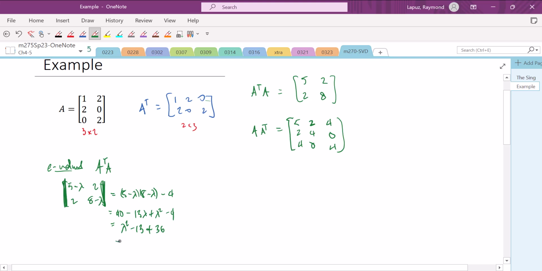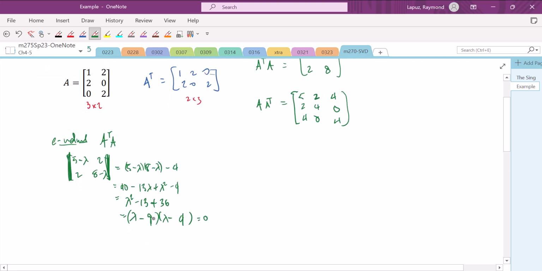If we set that equal to 0, this is going to be lambda and then two numbers that multiply to 36 and add to 13. They both have a negative sign. How about 9 and 4? And so those are our two eigenvalues: lambda equals 9, lambda equals 4.